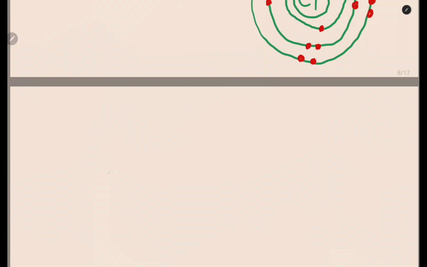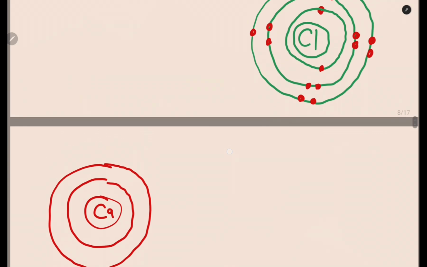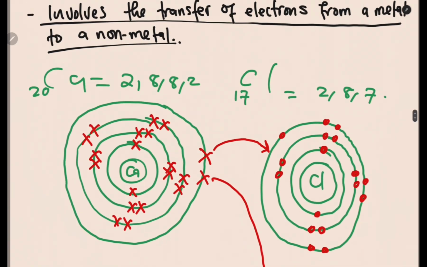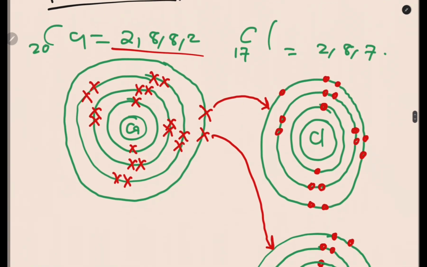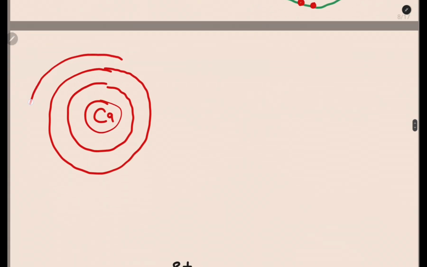So you can put calcium like this. So how many shells of calcium? You are just going to remain with 3 shells of calcium. Yes, you remain with 3 shells. You only remain with the 3 stable shells.